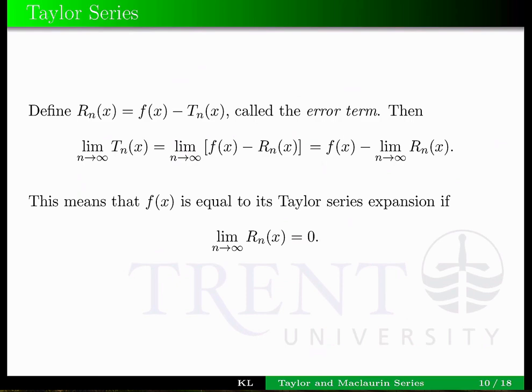Again, if your f of x is equal to its Taylor series expansion, then the error term must go to zero as n approaches infinity. The same as in how we discussed it in the series without the variable x. Okay?